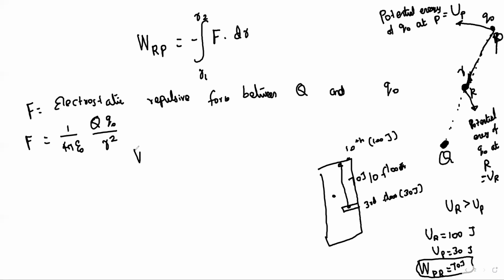So W_RP should be the electrostatic potential energy at R minus the electrostatic potential energy at P. Am I correct or not? So this is the potential energy difference.